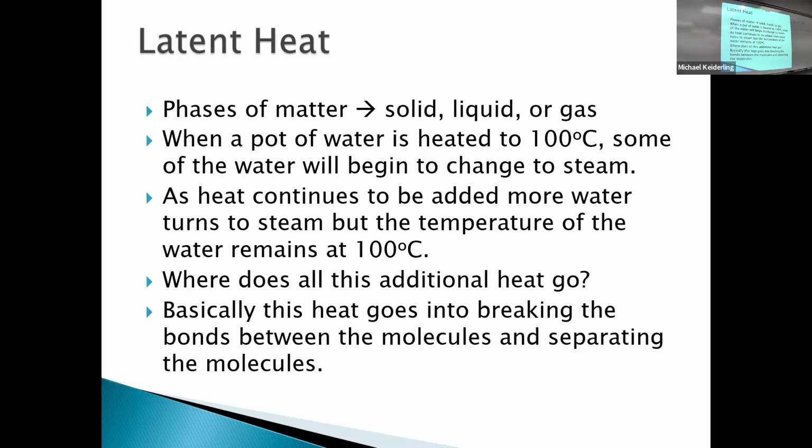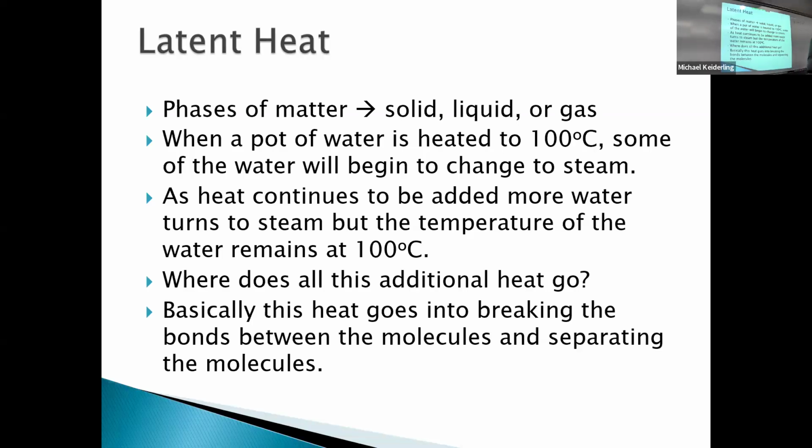So I will demonstrate a phase change with a small amount of water. Okay, now, so hopefully pretty soon.